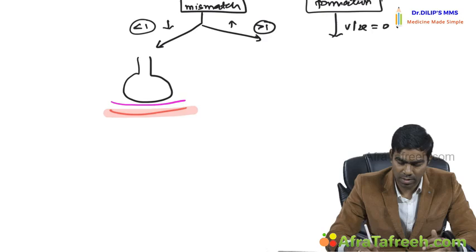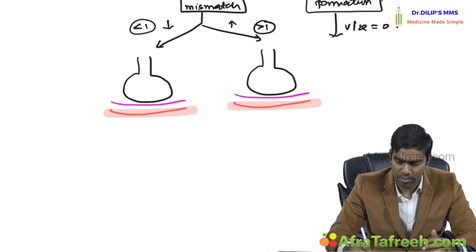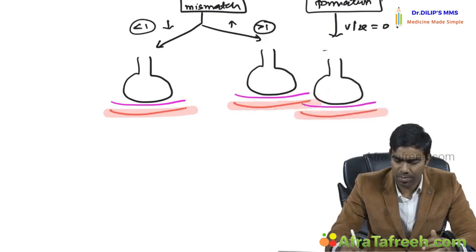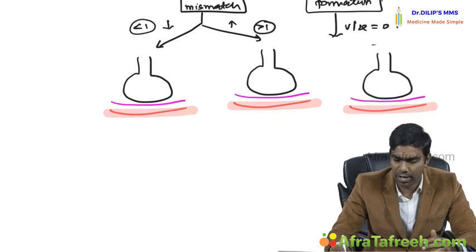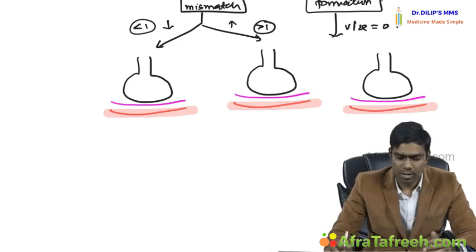Before that, let me duplicate this, because we are going to use the same mechanism for the other two as well. I mean, a similar kind of mechanism and similar kind of diagram. That's what I'm trying to tell. Okay, let us come back.